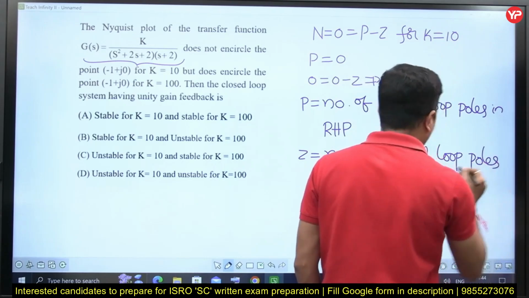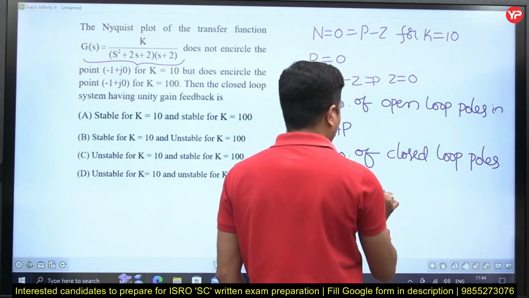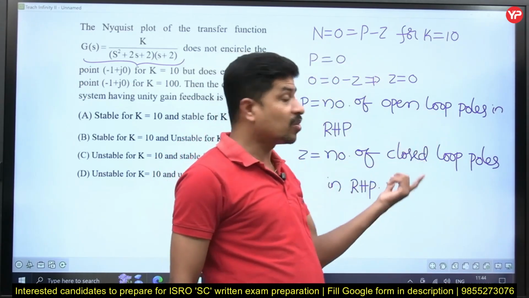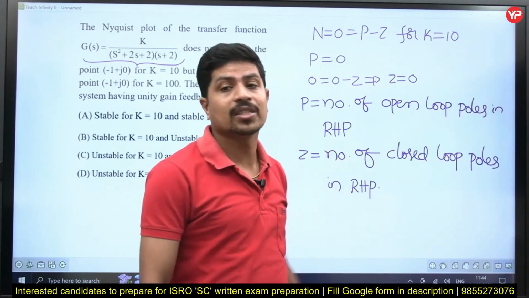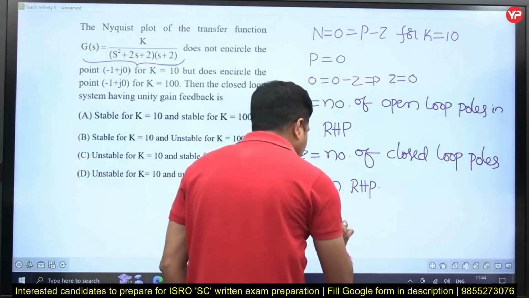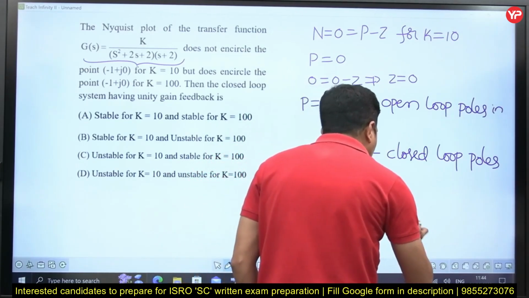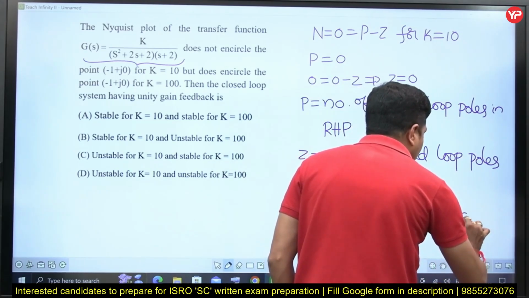Z is equal to 0 means the number of closed loop poles in the right half plane is 0. Therefore, for K equal to 10, the system is said to be stable.